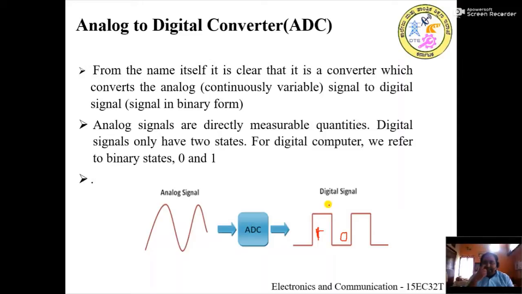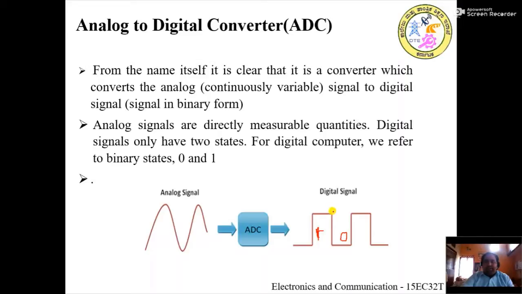Let's say the type of display where you want to display the measured quantity is a digital display. Then the signal that is output from the temperature sensor cannot be given directly as an input to the digital display, as the form of the signals will be different.